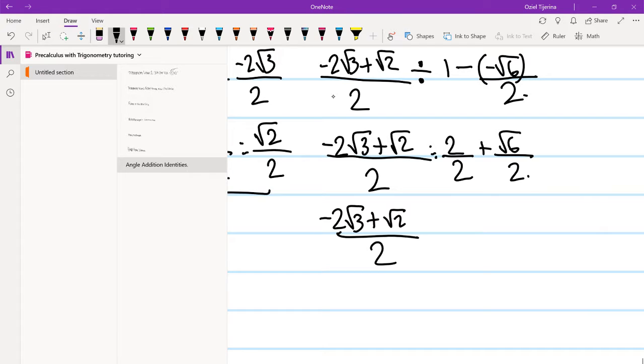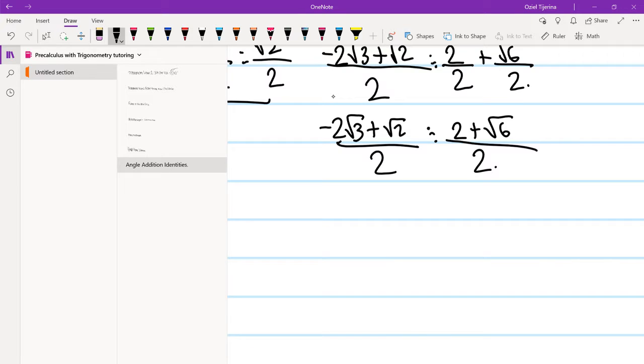Then you can just flip it over and multiply. So you would say negative 2 square root 3 plus the square root of 2 all over 2, times 2 divided by 2 plus the square root of 6.